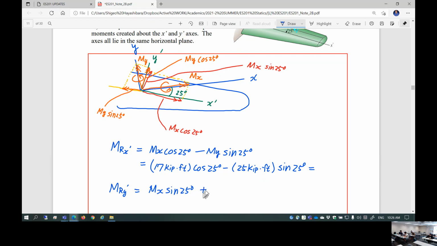Also positive, My cosine 25. In which 17 kip foot sine 25 plus 25 kip foot cosine 25. What's the base?